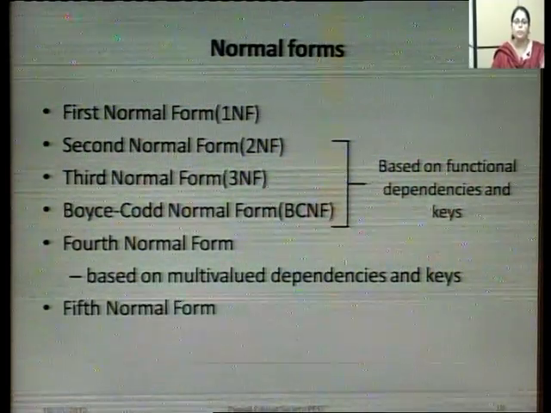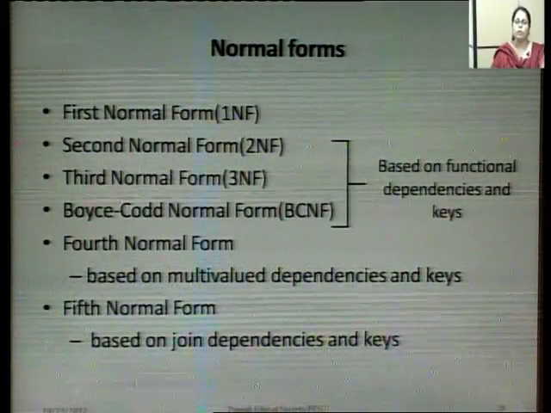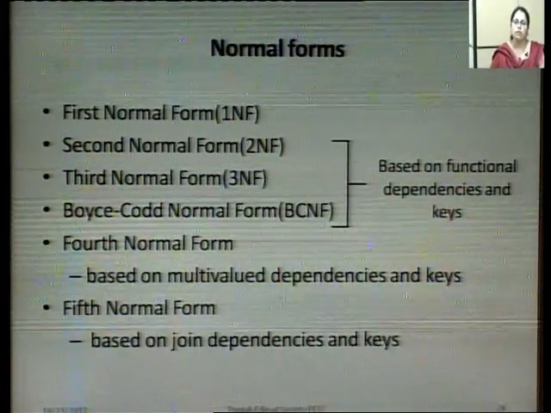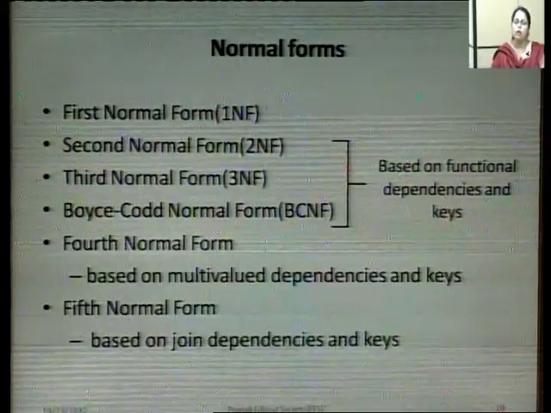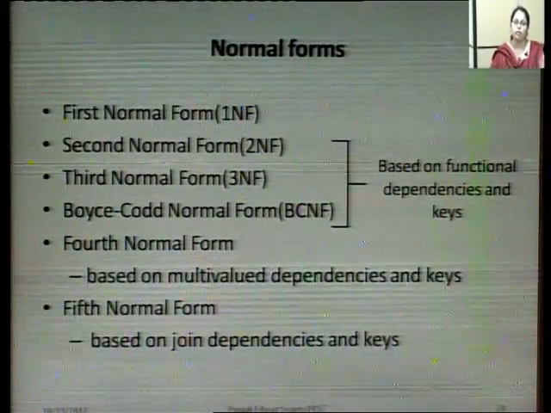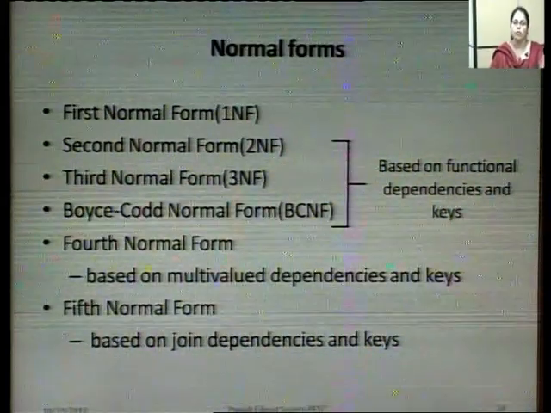Fifth normal form is based on join dependencies and keys. The designer's goal is to normalize the database up to Boyce-Codd normal form, third normal form, or a maximum of fourth normal form. Beyond that are the higher normal forms, which are rarely required for normalizing the database.